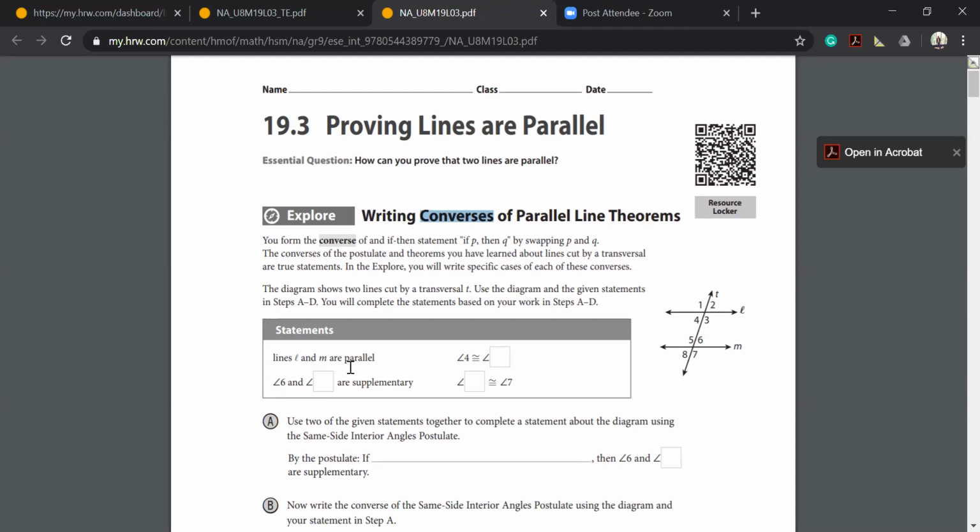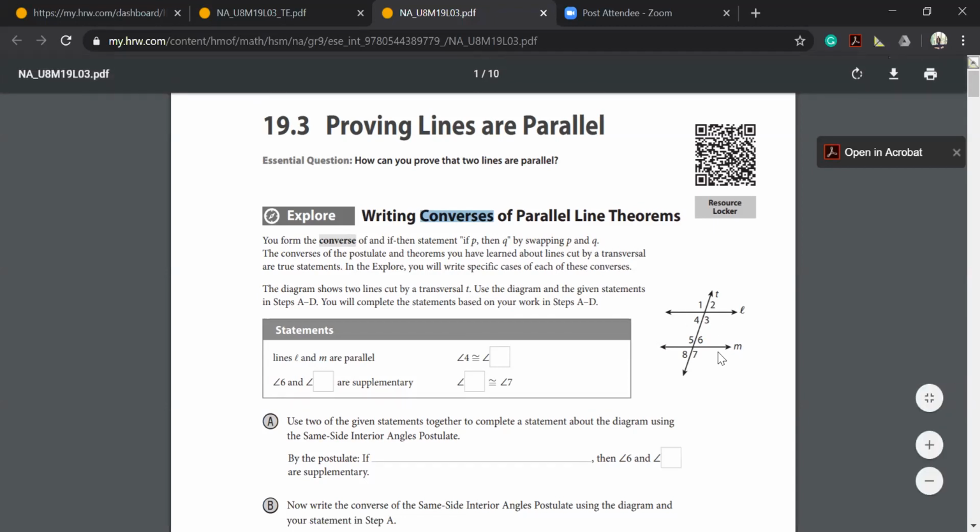Okay, let's see what's happening here. Lines L and M are parallel. If lines L and M are parallel, angle 4 will be equal to angle 6, or 8 even. Here he is using same side interior angle.